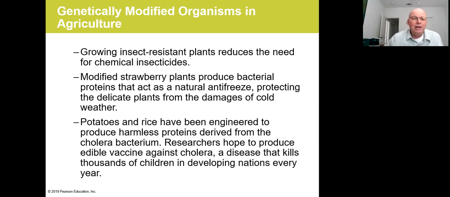When you ingest the protein, it triggers your immune system to make an antibody against it, so that should you be confronted with the cholera bacterium, your immune system already knows how to deal with it and kills it off, because cholera is really, really serious. It kills you very quickly. And the reason why is because the cholera bacterium affects the ability of your body to retain water.